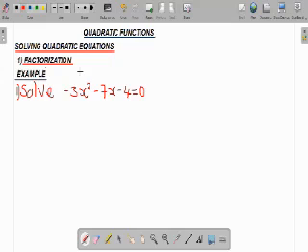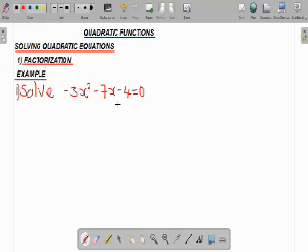In my next video, I'm going to talk about completing the square, and in another video we're going to talk about how to solve the quadratic function using the formula. But in this video, we are talking about how to solve this quadratic function using the factorization method.